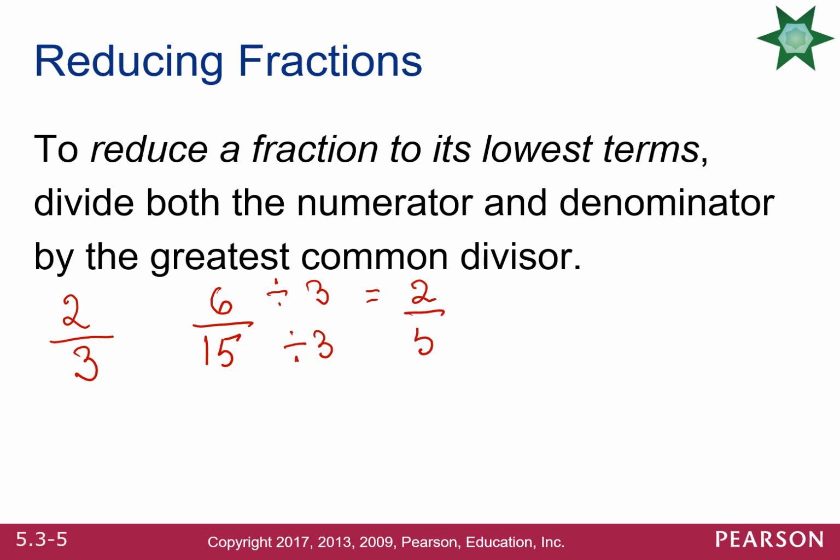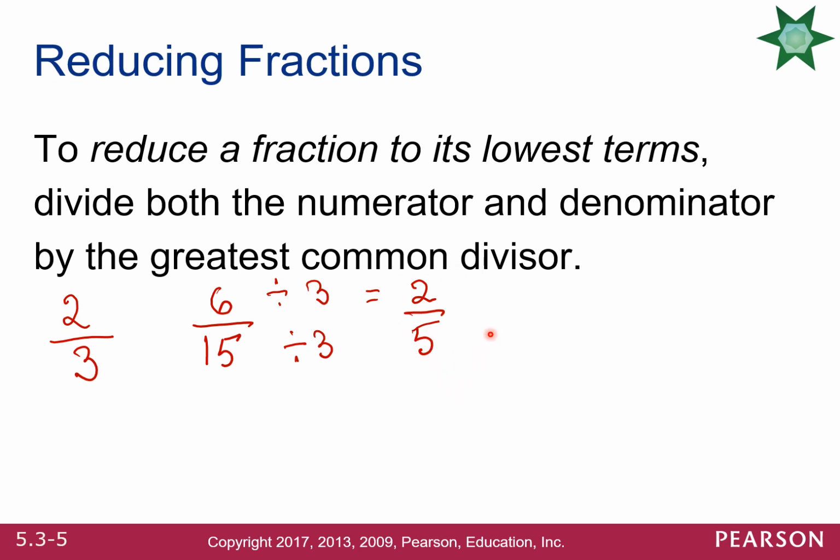Now let's look at 2 over 5. Is there any value which will divide both 2 and 5 other than 1? There's no other number except 1 that is common to 2 and 5, and that will divide the numerator as well as the denominator. There's no common divisor.